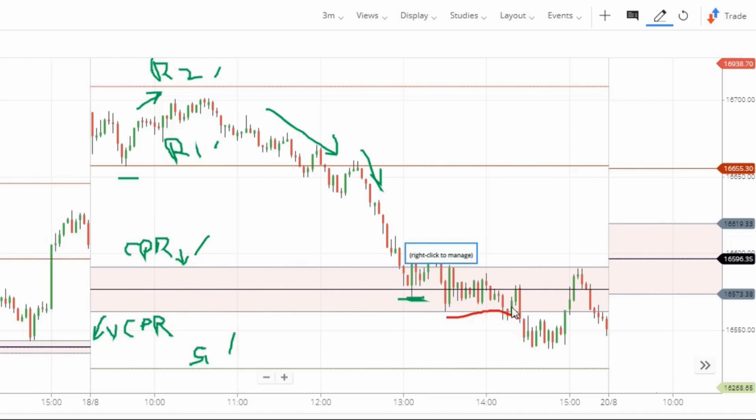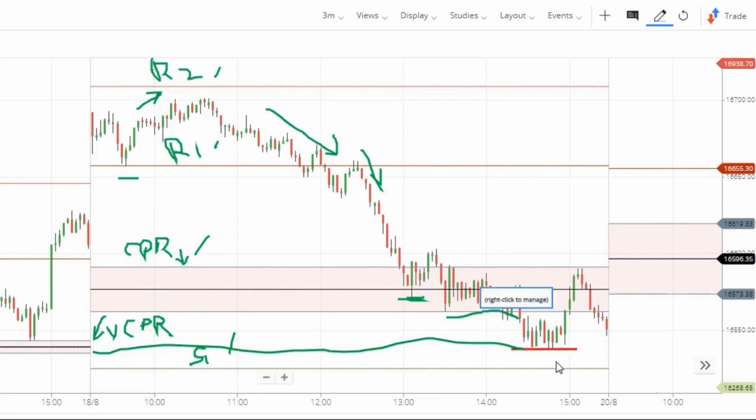There was a breakout here, came down, and market took support somewhere here. Now we already know this support came from the Virgin CPR, and obviously there was a strong support given by Virgin CPR, so the market took a reversal and went up.